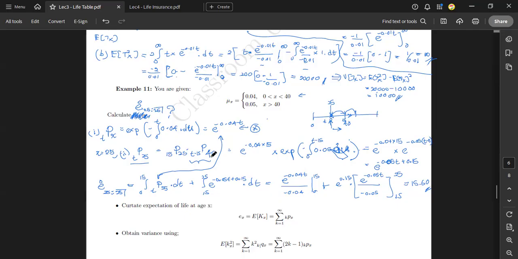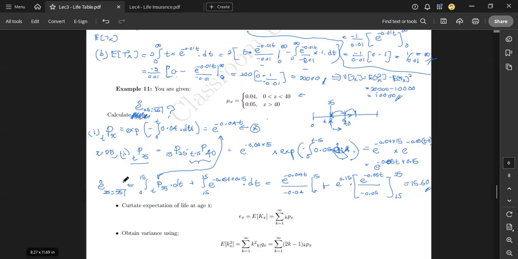If they survive 15 years from 25, they are now 40 years of age, and the remaining time is t. But since they have spent 15 more years, we have to remove those 15 years from the future lifetime t. Then we can apply the definition for this probability and we get this function.